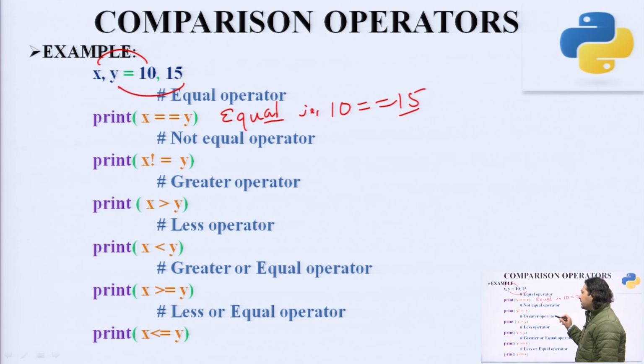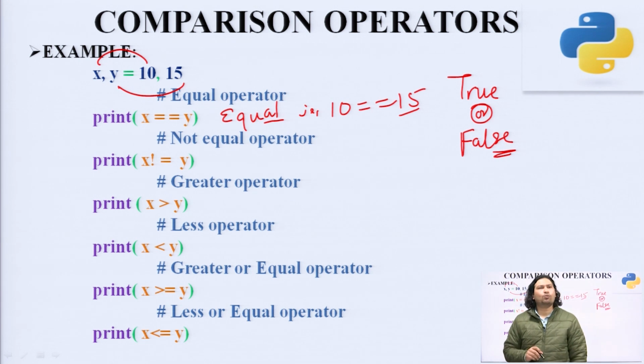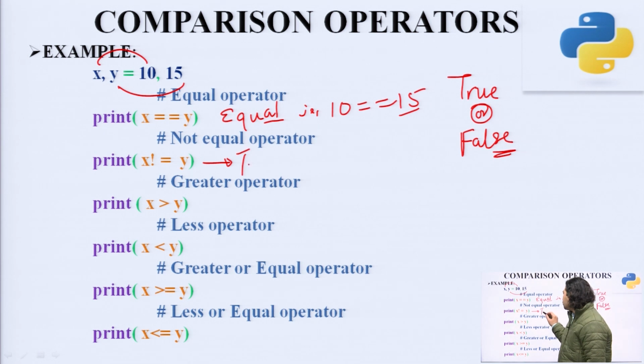Here you will get the answer either true or false. So, the answer for x equals y, that is 10 equal to 15, is false. Similarly, x not equal to y will be true, because yes, 10 is not equal to 15.